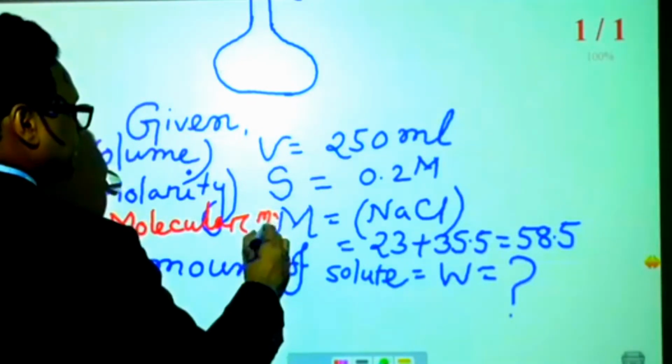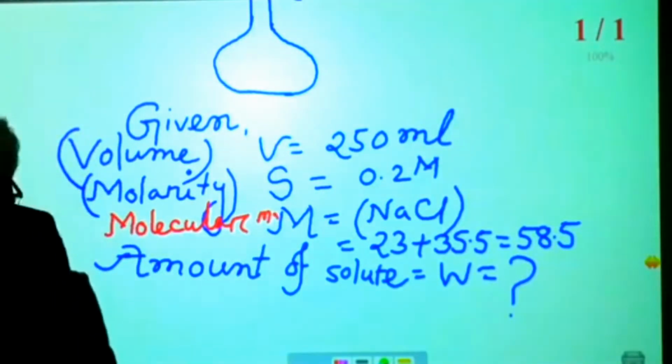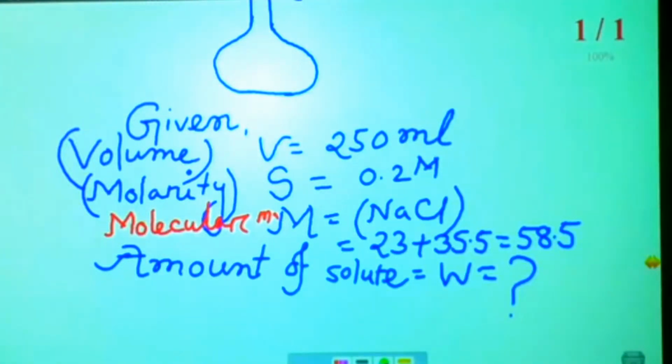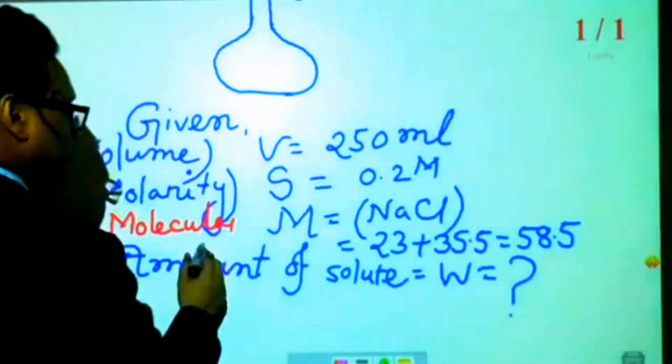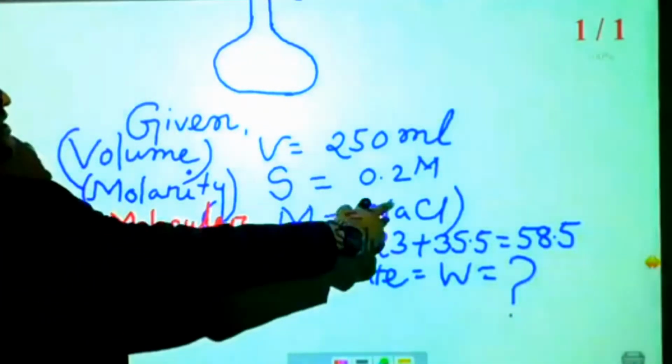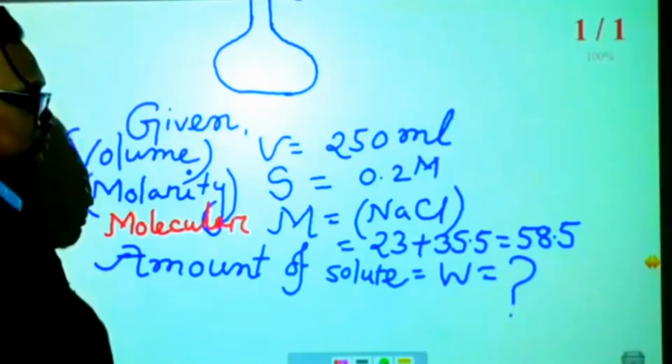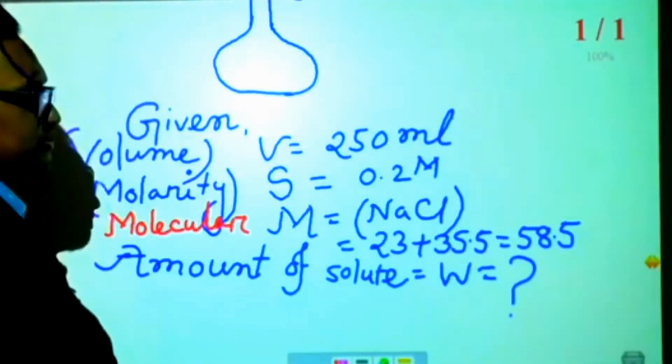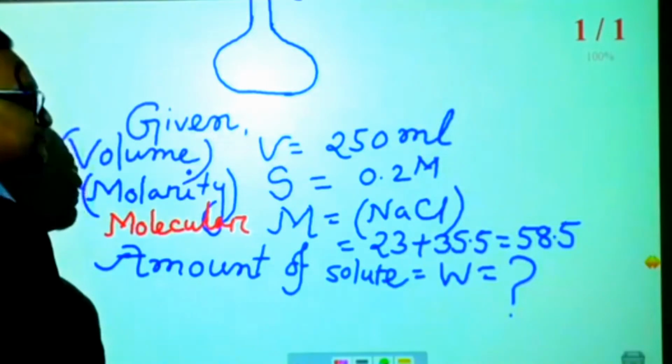Sorry. Okay, let's undo. Okay, molecular mass of sodium chloride will be 58.5.